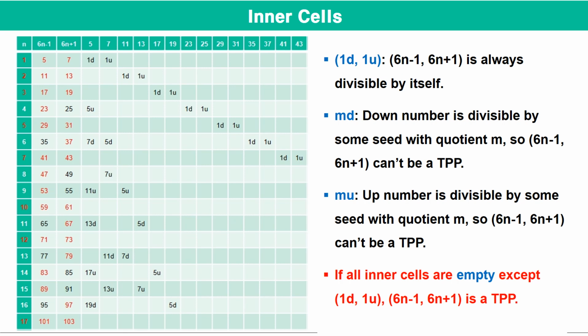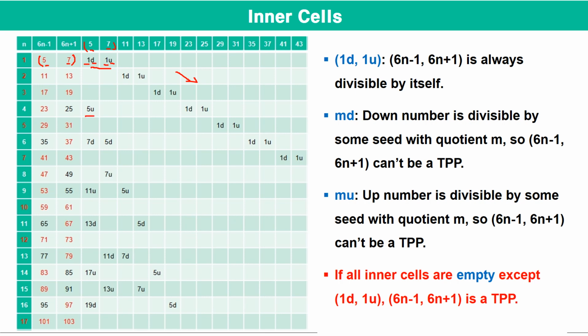Let's see about the inner cells. You can see 1D, 1U: one new pair appears diagonally, and it means this pair is always divisible by itself. 5 divides down number 5, and the quotient is 1. 7 divides up number 7 itself, and the quotient is 1.